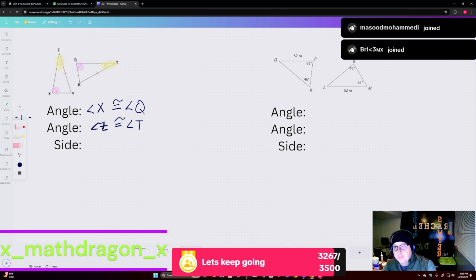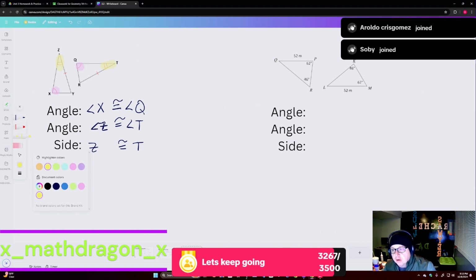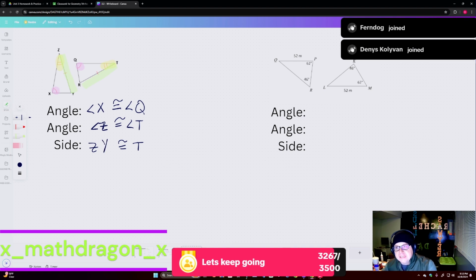So that side better be connected to this last letter. So we better have a Z congruent to a T. And obviously we need the other letter, but you better have those letters in it. So whatever you did for the next one, you need to have for that one. So we'll go Z to Y, and we'll go T to R.